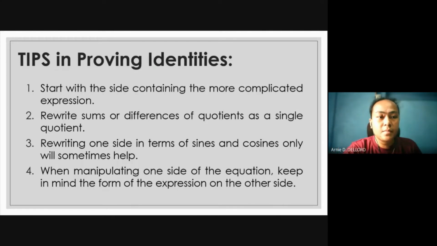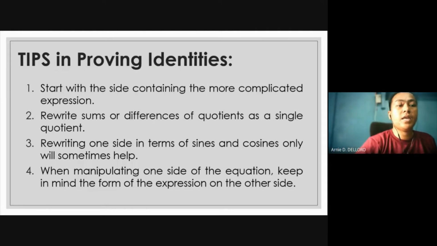Okay? So, yan. Do not treat them as equations. Hence, the different properties of equality cannot be used here. Instead, manipulate the equation's sides separately. Okay? So, yun po yung gagawin natin.